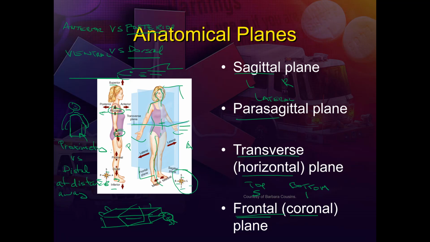If we say that the person, let's use this young lady here, and let's say that we're trying to describe the elbow as its relation to the wrist. If we were to describe the elbow as it relates to the wrist, we would say that the elbow is closer to the core, within proximity of the core, right? Closer to proximity of the core than the wrist. So we would say that the elbow is proximal to the wrist.